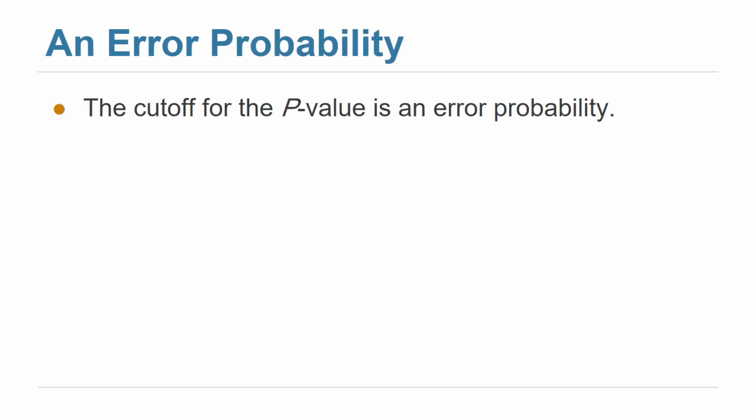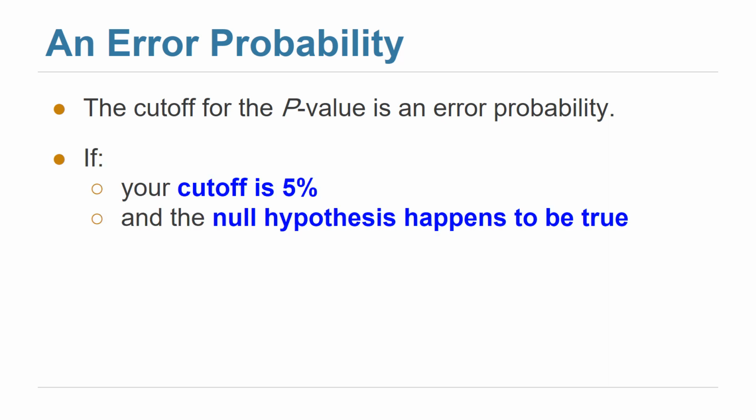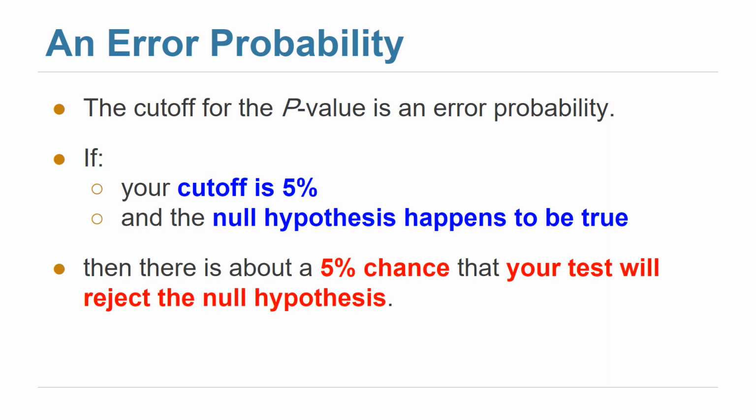So the error probability is actually the cutoff value for the p-value, which is what we call the significance level. So if your cutoff is 5% and the null hypothesis happens to be true, then there is about a 5% chance that your test will reject the null hypothesis, which means that we made an error.